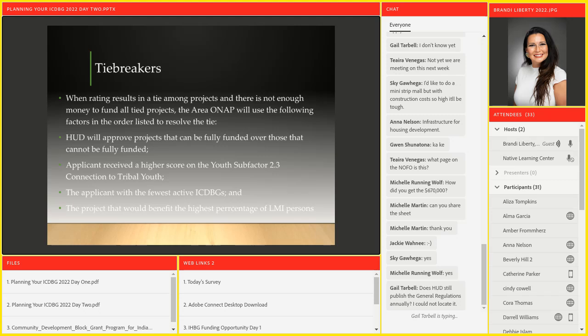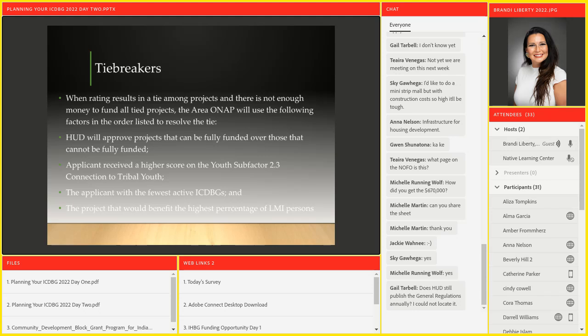There may be tiebreakers in this situation. I have seen this happening over these last funding rounds. When rating results in a tie among projects, there is not enough money to fund all tied projects. They will use the following factors to resolve the tie. HUD will approve projects that can be fully funded over those that cannot be.